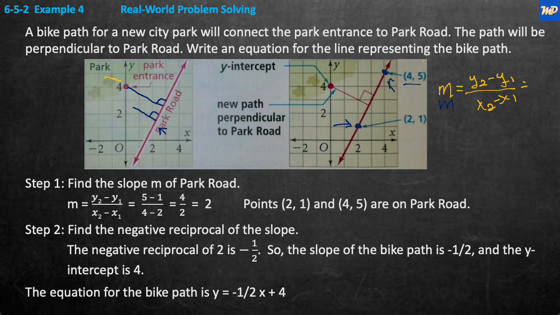So what do I have? My slope. It's over here, y2. I'm way over here now.